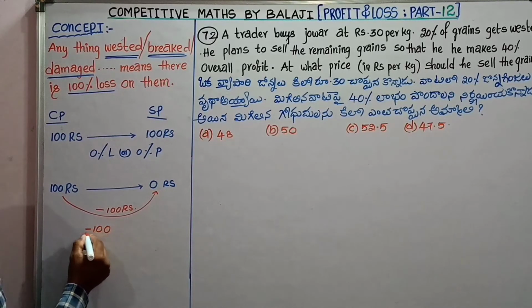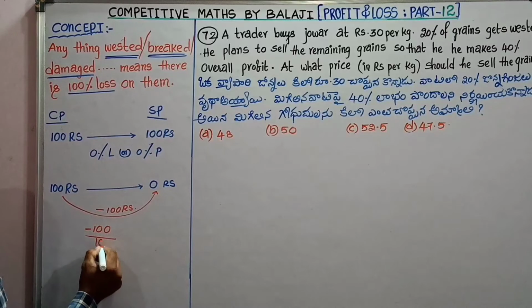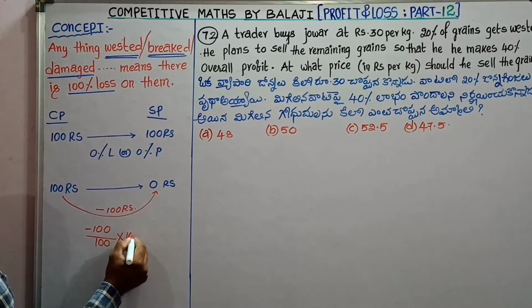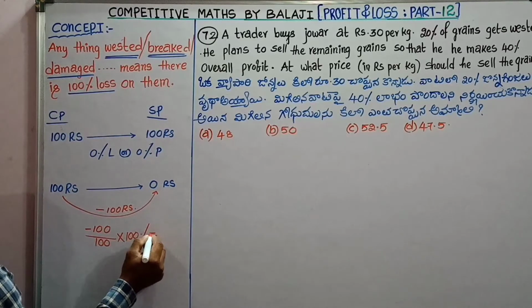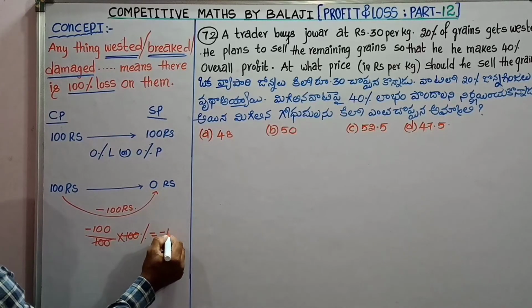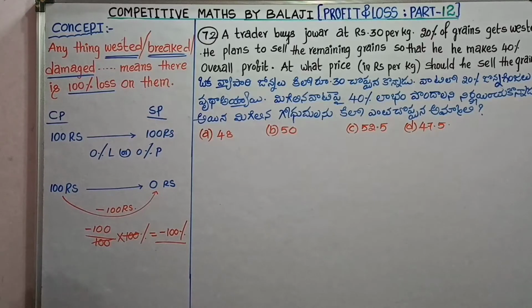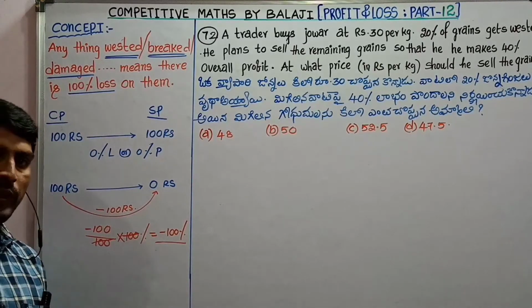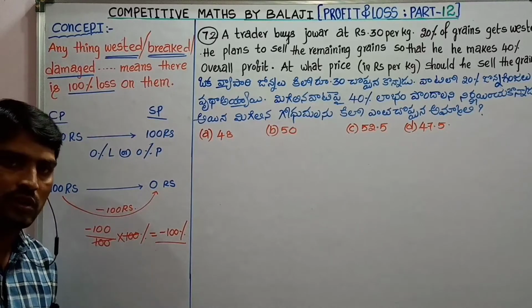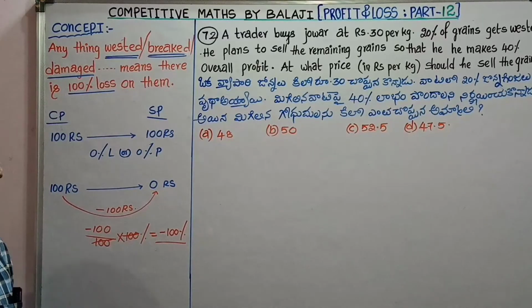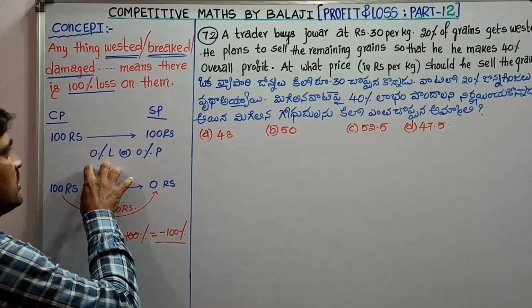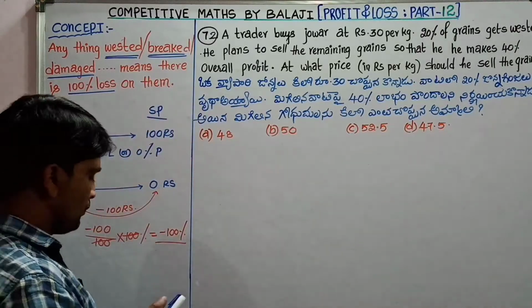Loss is 100 rupees over cost price 100 rupees into 100%, which is 100% loss. That means anything damaged, wasted or broken means there is 100% loss on that article. So based on this concept, let us see the question.